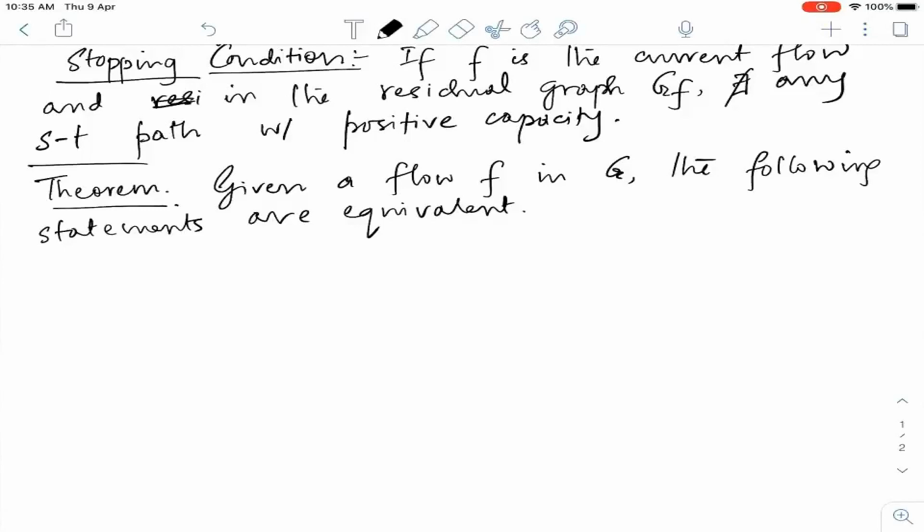And that will give a proof that this algorithm is correct. It really gives you the maximum flow. So the statements are the following. F is a maximum flow.